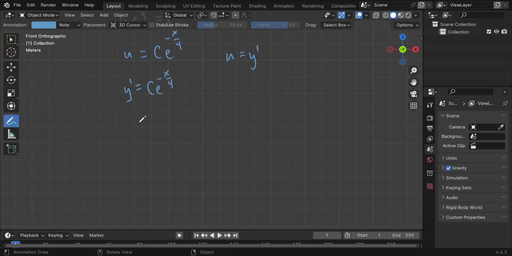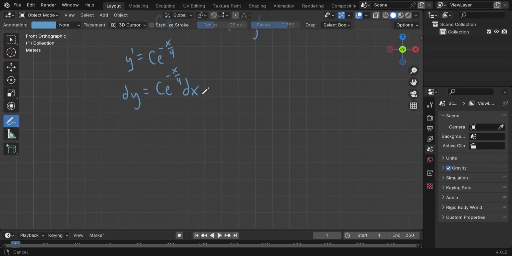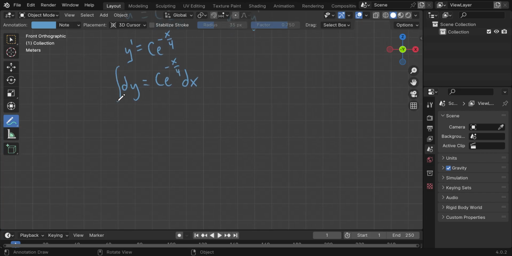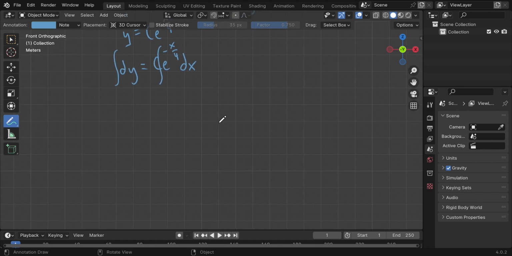We multiply dx by both sides, and we get dy equals C e to the negative x over 4 dx. Putting it in this form helps me remember how exactly to integrate both sides.